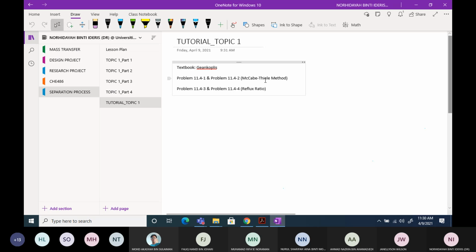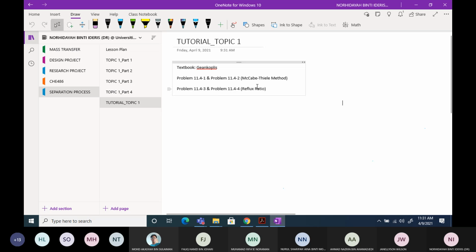For both questions, you need to find the number of stages and also the location of the feed tray using the McCabe-Thiele approach. Then continuing straight with problems 11.4-3 and 11.4-4 for reflux ratio.